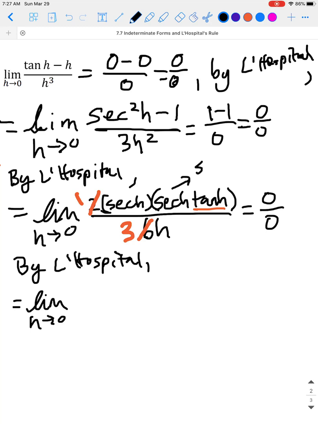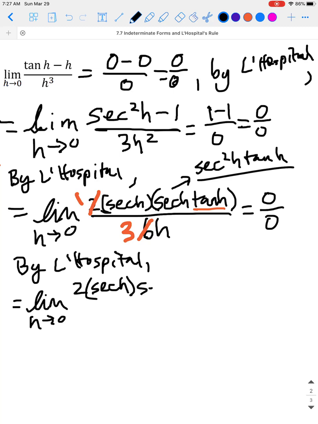So we've got secant squared times tangent. So we're going to need to apply the chain rule and the product rule. So we'll take the derivative of secant squared first, which we have here from the previous step.